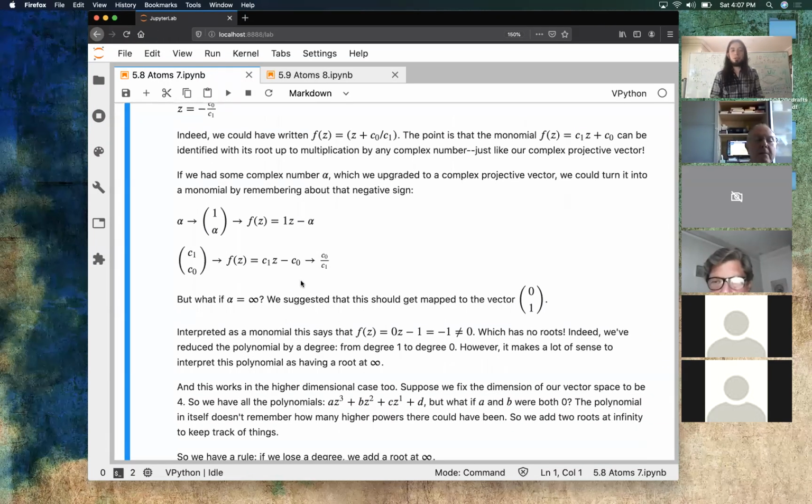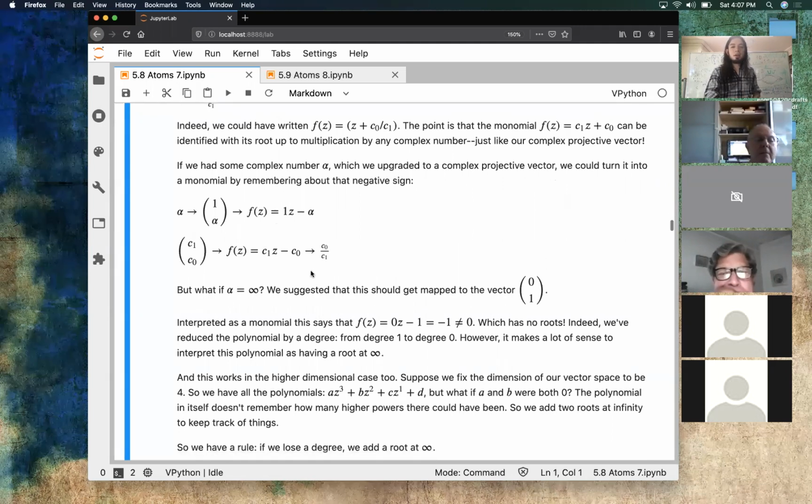But when we come to considering a root at infinity, which is supposed to be, say, a point on the Riemann sphere at the North Pole or the South Pole, depending on your choice of stereographic projection, you have a problem. Because we said, okay, if we have a complex number alpha, we want to send it to a little 2-vector (1, alpha).